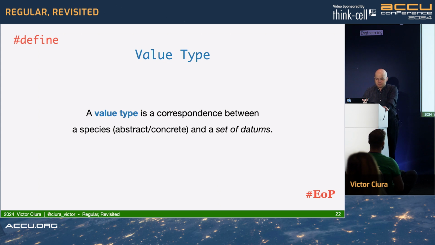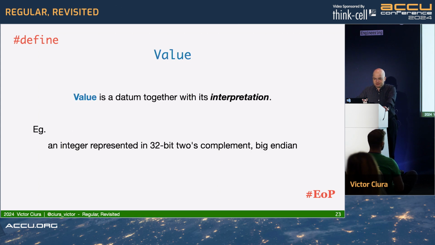And a value is a datum together with its interpretation, because you can assign different meanings on how you encode these kinds of things. So the interpretation function makes a big difference. For example, an integer represented in 32 bits as 2's complement in big endian ordering can model a value.